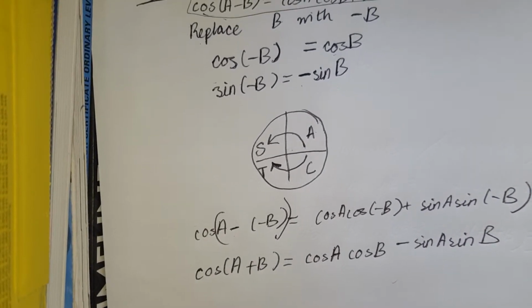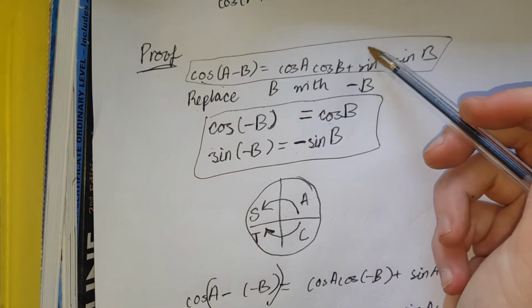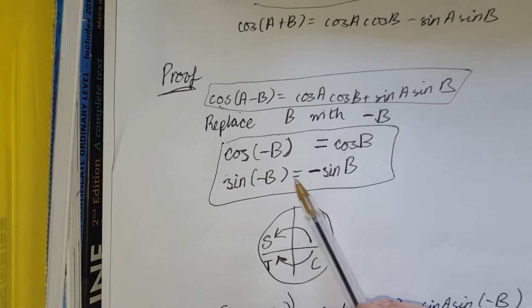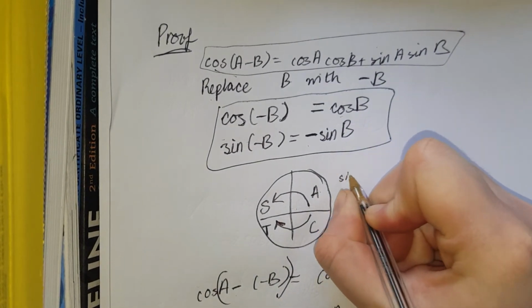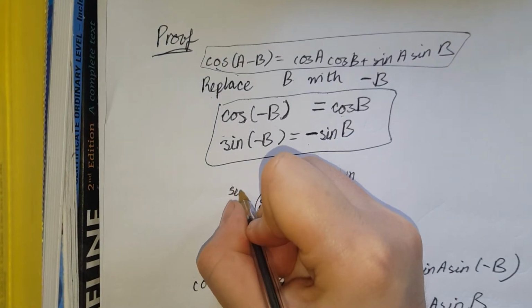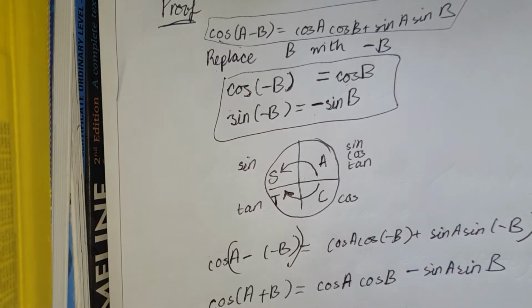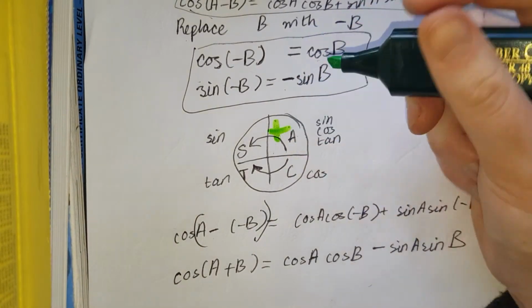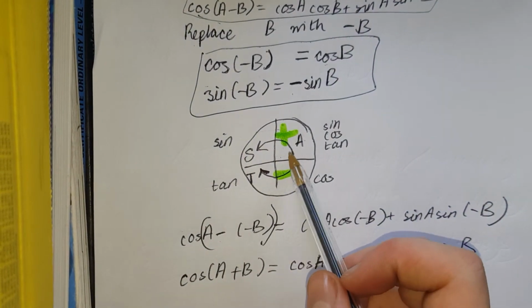The main thing to remember is we have this formula given to us in our log tables, but remember that in this quadrant cos is positive, here sin, cos and tan are positive, here sine is positive, and here tan is positive. Here we're going to have positive angles and negative angles.